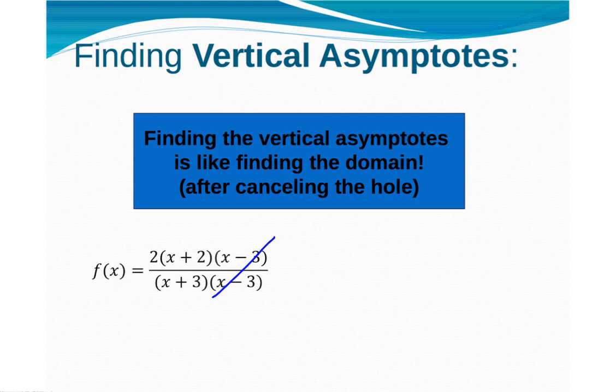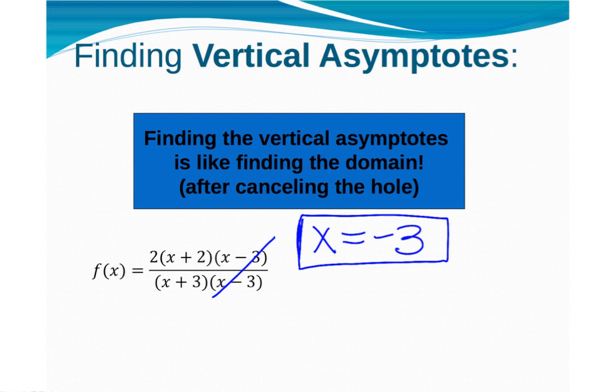We're going to use the remaining bottom piece to find our vertical asymptote. So x plus 3 is going to help us find our vertical asymptote. It is going to be at x equals -3. Remember, it's the opposite when we're solving. And it is a line, so we need to make sure that we have it as x equals -3 because it's going to be a vertical line.